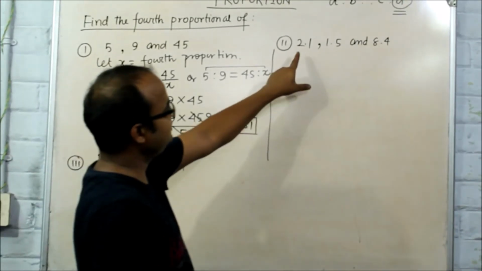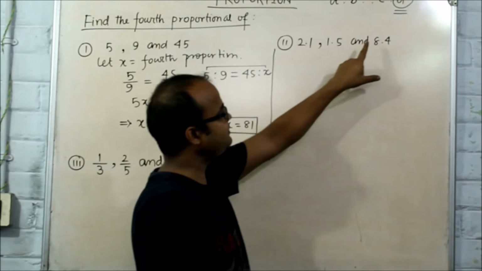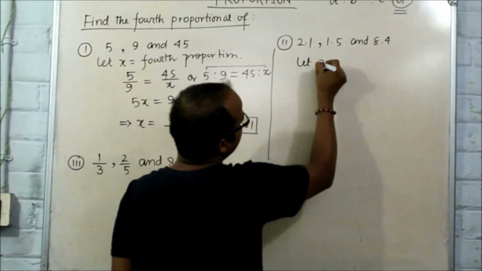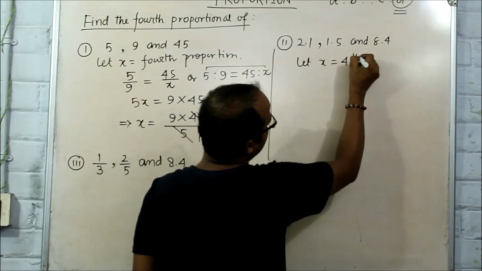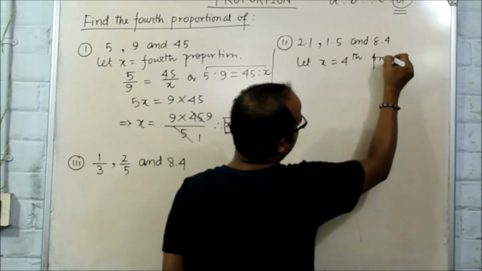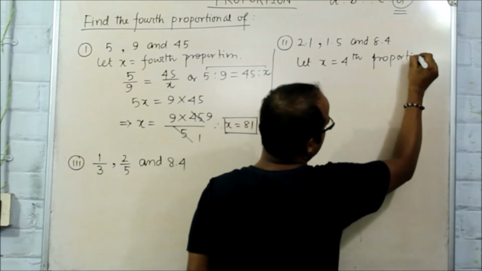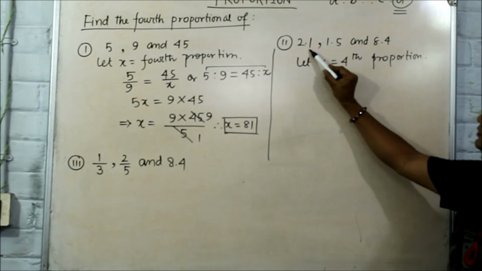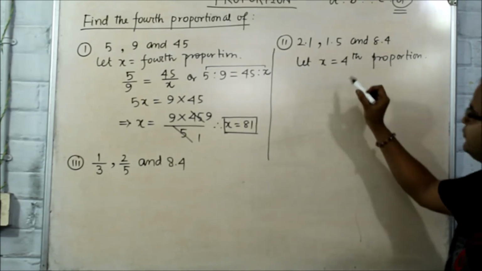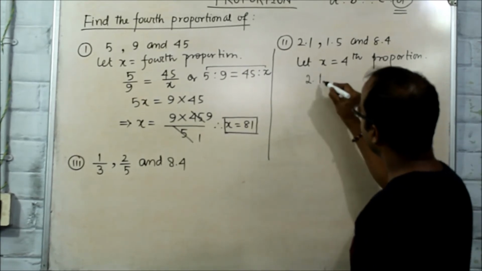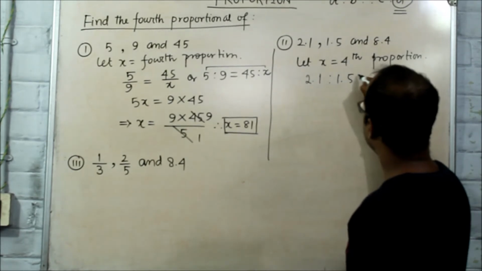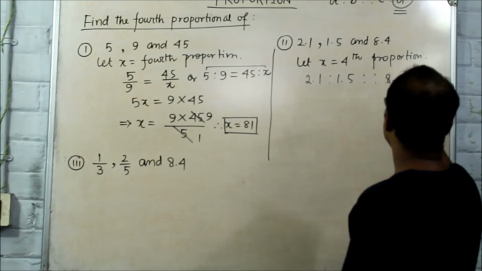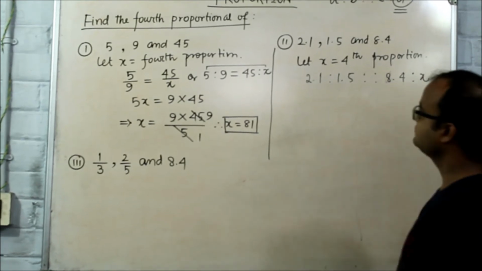Now let us solve this problem. 2.1, 1.5 and 8.4. So same way we assume that let X is equal to fourth proportion. So what you can write? You can write it as 2.1 is to 1.5 is proportion to 8.4 is to x.